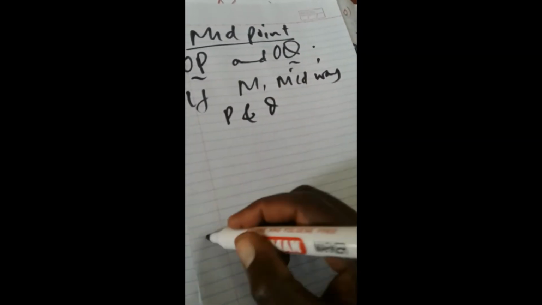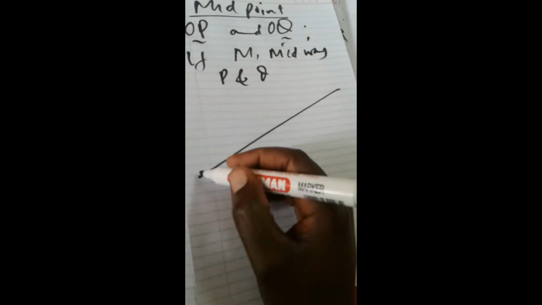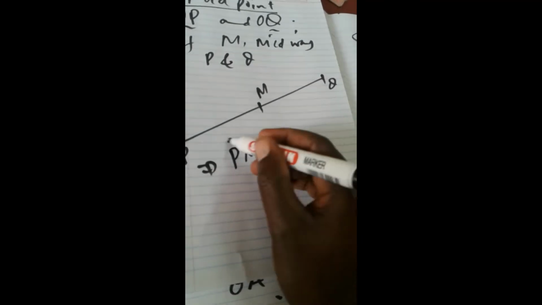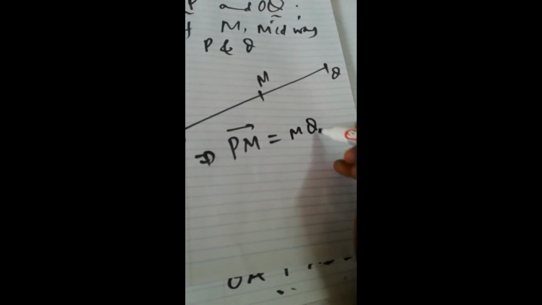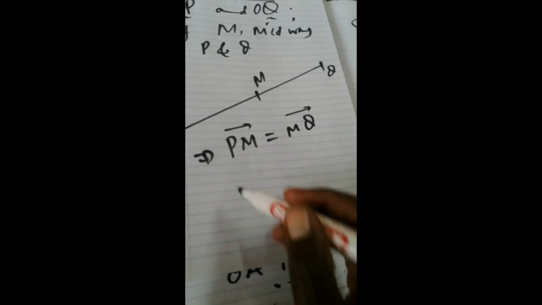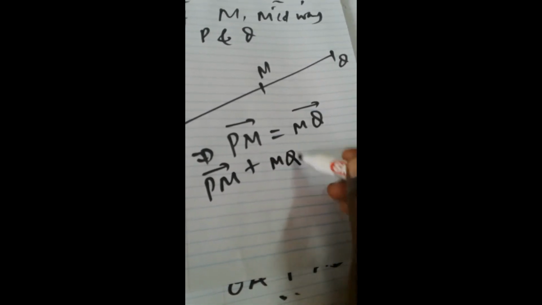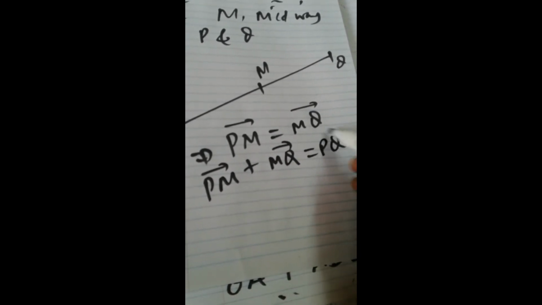If M is a point midway between P and Q, then this is P, this is Q, this is M midway, and it will mean that PM as a vector is equal to MQ as a vector, and therefore PM plus MQ gives us PQ.